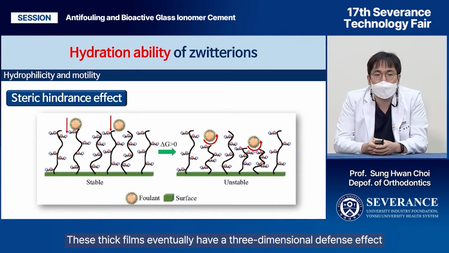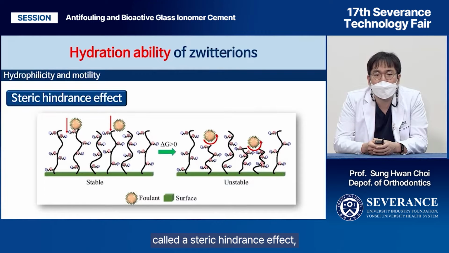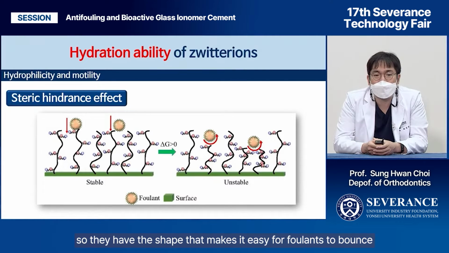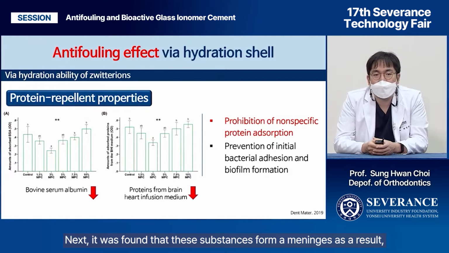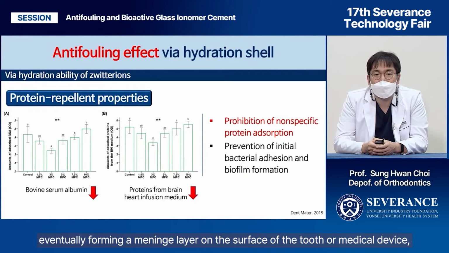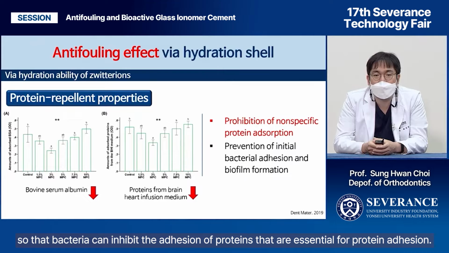These thick films eventually have a three-dimensional defense effect called a steric hindrance effect, so they have a shape that makes it easy for foulants to bounce off the surface, so that they don't touch the surface easily. Next, it was found that these substances form a membrane layer on the surface of the tooth or medical device, so that bacteria can be inhibited from the adhesion of proteins that are essential for protein adhesion.